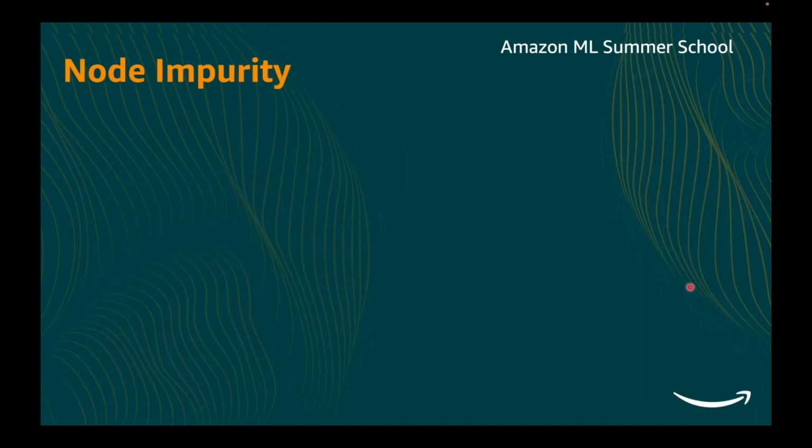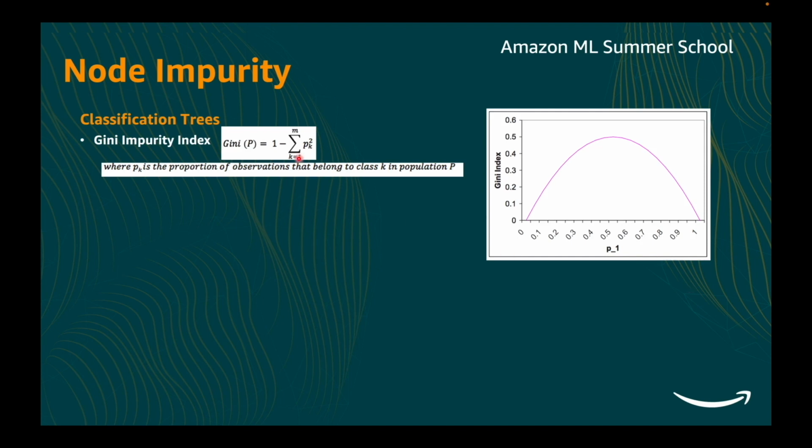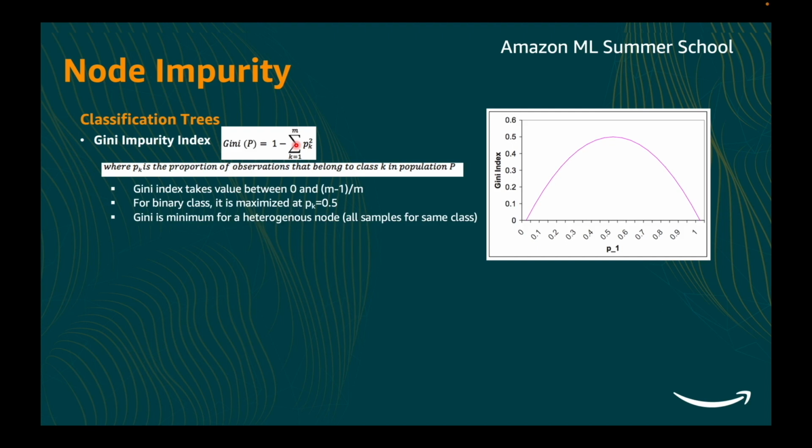We do 1 minus both of those squared terms, and we get our Gini impurity value. That becomes the impurity value for the node. And as you can see, the Gini impurity value takes values between 0 and m minus 1 divided by m, where m is the total number of classes. We've done our example with 2 classes, but you can have multiple classes.